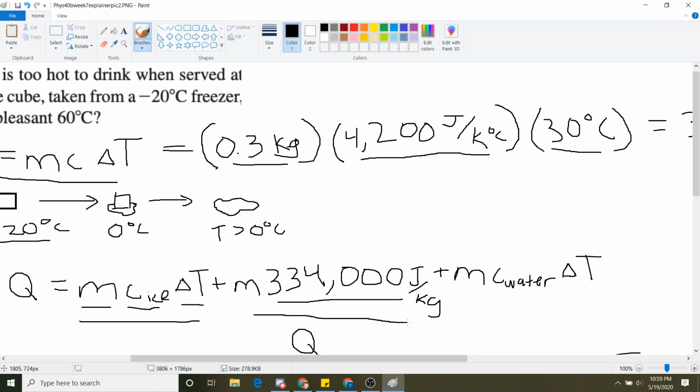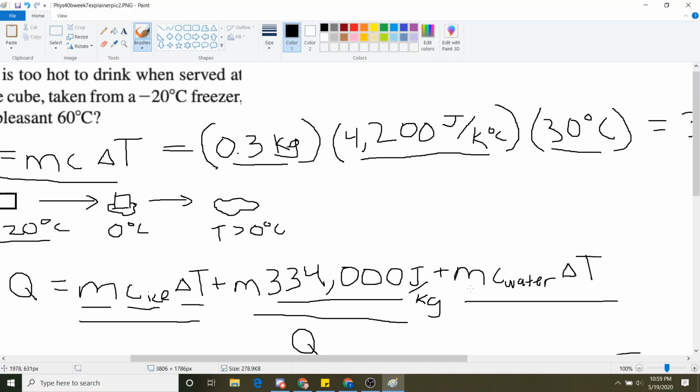This is the energy to change the state of the ice cube from solid to liquid, and this is the amount of energy it takes to heat the water up to 60 degrees Celsius after the ice cube has been melted.